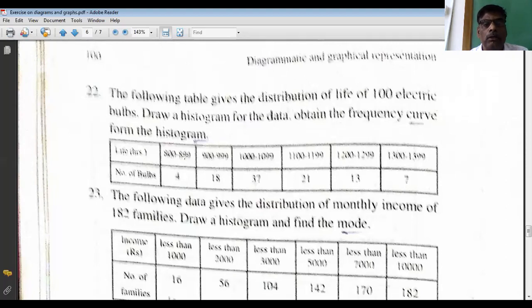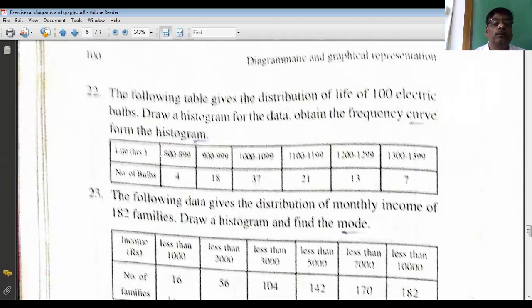Take the upper limit of the first class, 899, plus the lower limit of the second class, 900. 899 plus 900 is 1799. 1799 divided by 2 is 899.5. Okay. 899.5 is the upper limit of the first class. And you increase the upper limit by 0.5 and decrease the lower limit by 0.5.